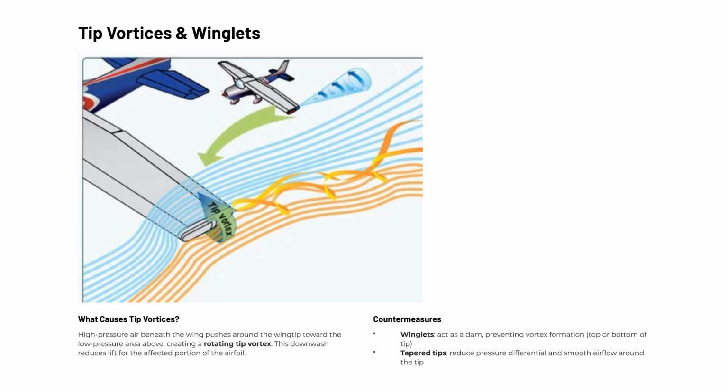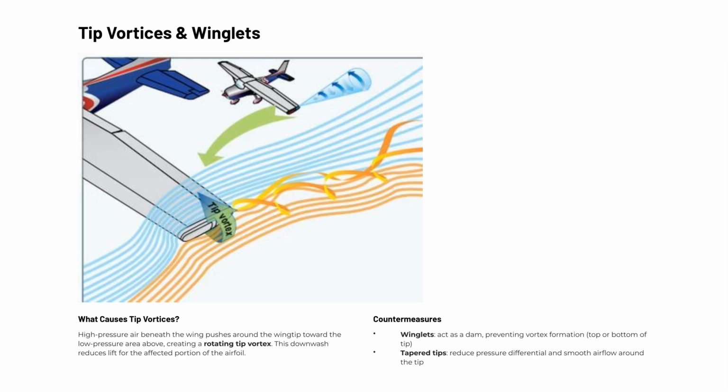To combat this, designers have developed two primary countermeasures. Winglets, those upturned or downturned extensions you see on most modern aircraft, act essentially as a dam at the tip, disrupting the pressure equalization that would otherwise feed vortex formation. They can be positioned at the top, the bottom, or both.